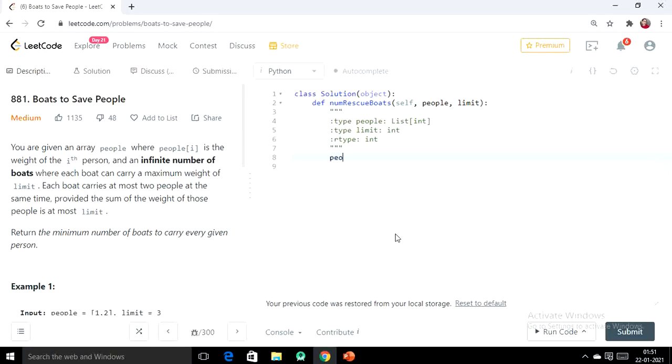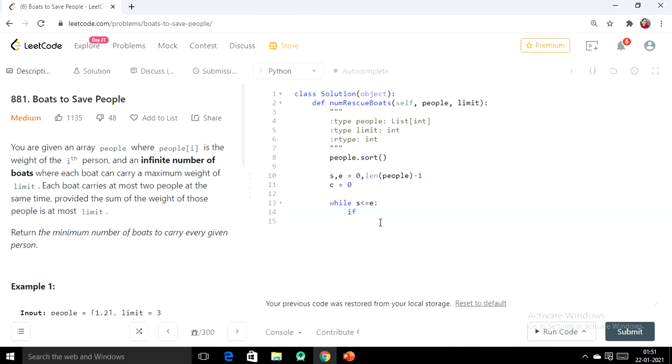Let us sort our array. We will basically use the sort function that is present in Python. Next, let's take variables s and e. s is initialized with 0 and in e we will have the length of people minus 1. And let's take a count variable c. Now we will run a loop while s is less than or equal to e.